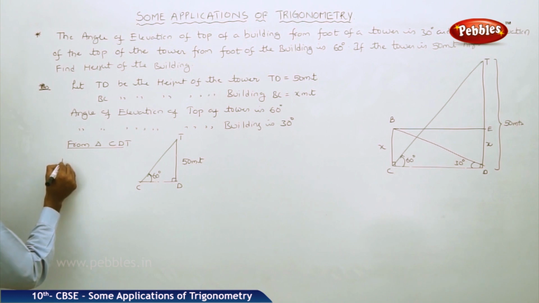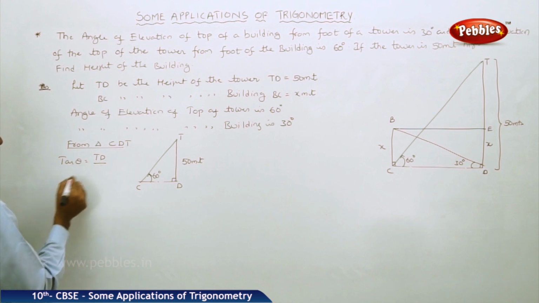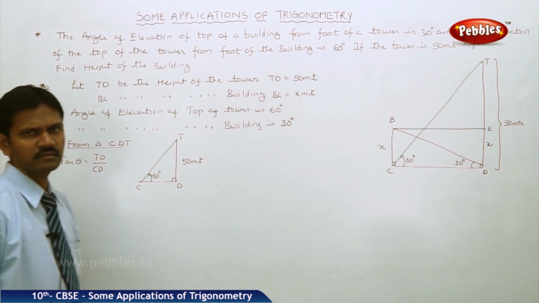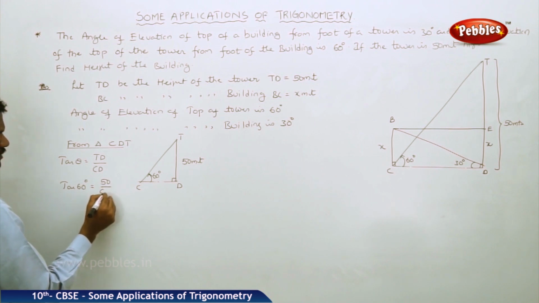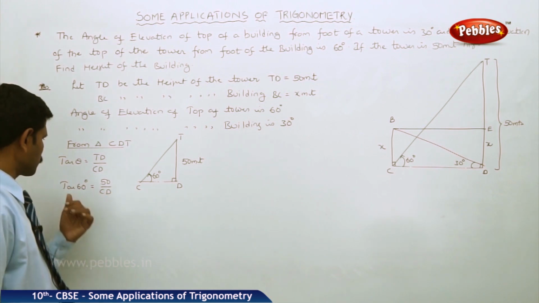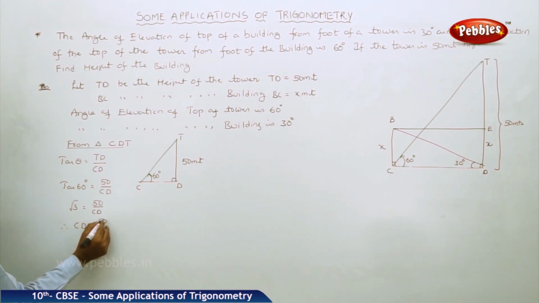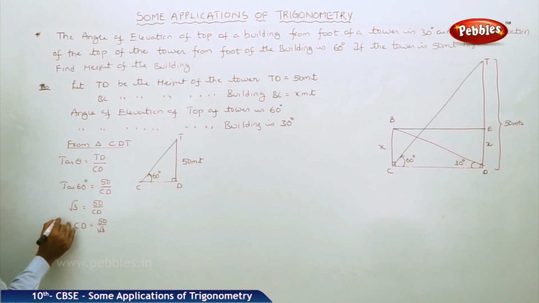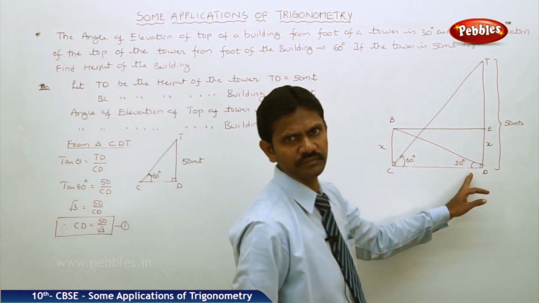Now tan theta is equal to opposite side TD by adjacent side CD. That is, tan 60 degrees is equal to TD, 50, by CD. Now tan 60 is root 3, which is equal to 50 by CD. Therefore CD is equal to 50 by root 3. This is equation 1. Now I am ready with the value of CD.